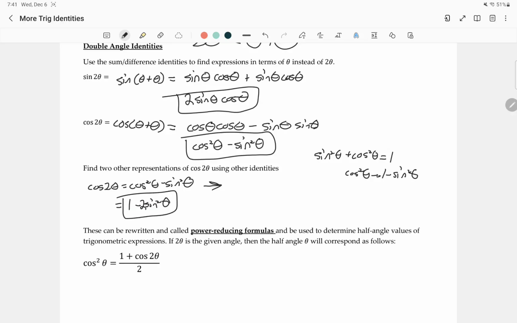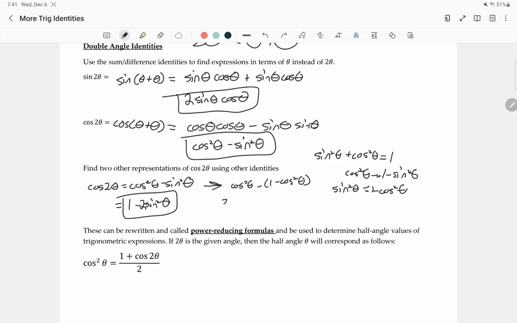Or we can go a different route, which is substituting out the sine squared theta for 1 minus cosine squared theta. And this is going to give cosine squared theta minus 1 minus cosine squared theta, right? Because we're taking out the sine.